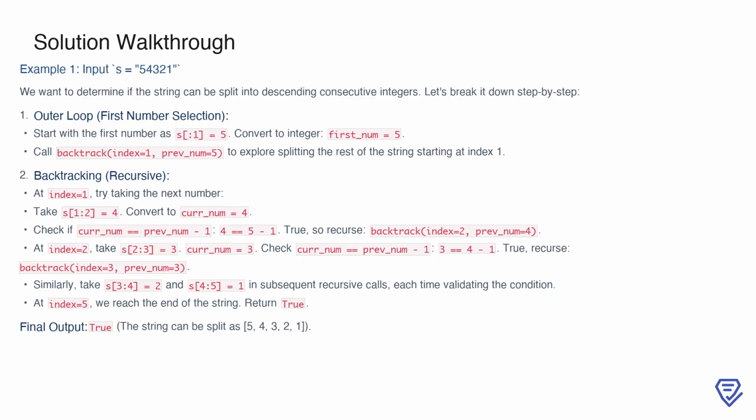We repeat this process for the rest of the string, taking 3, 2, and finally 1, each time validating the condition that the current number is one less than the previous. When we reach index 5, which is the end of the string, all conditions have been met, and we return true. This confirms that the string can indeed be split as 5, 4, 3, 2, 1.